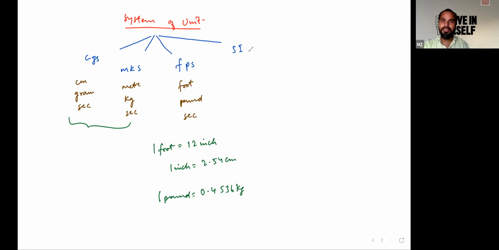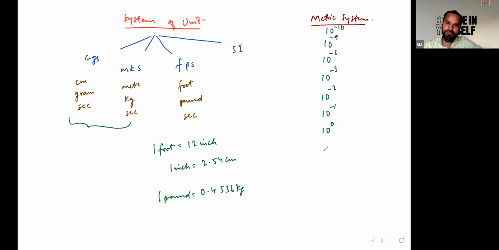So the SI system of unit tells you to operate in terms of the metric system. The metric system tells you that multiples and submultiples on converting from one to another would differ in powers of 10 only. Suppose you have the base unit 10 raised to the power 0, 10 raised to the power minus 1, 10 raised to the power minus 2, minus 3, minus 6, minus 9, minus 10, and so on.